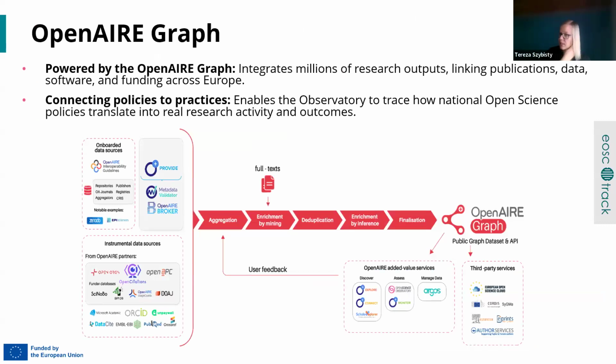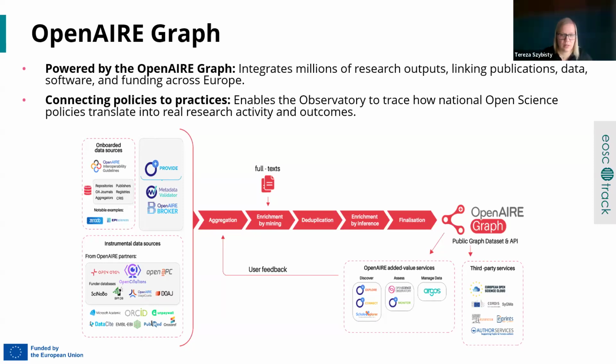And the second thing I wanted to highlight here is the OpenAIRE graph, because the OpenAIRE graph is really the thing that brings the observatory to life. Without it, as I mentioned, we would have only information on the policies, on what countries plan or commit to do. But with the graph, we are able to see how these policies are actually translated into practice. It enables us to link the policy developments with real research outputs, including publications, datasets, software, and other things.